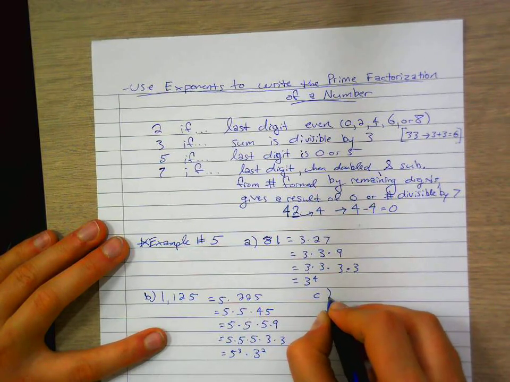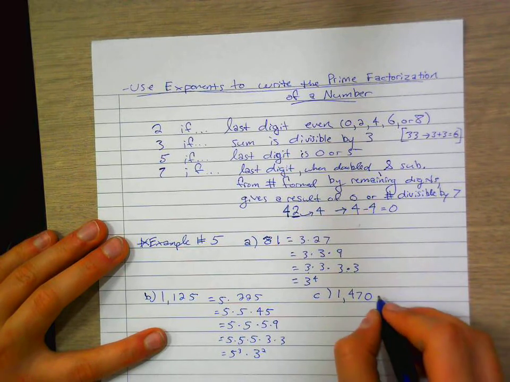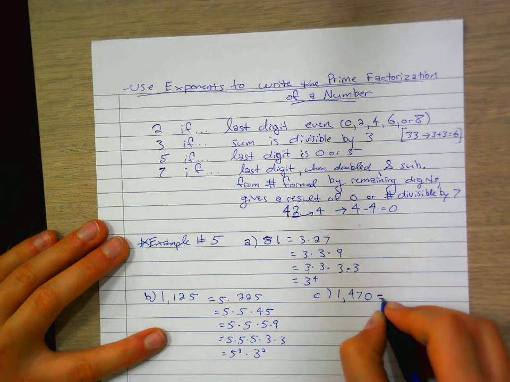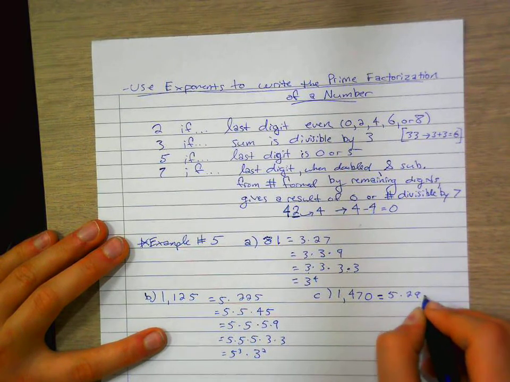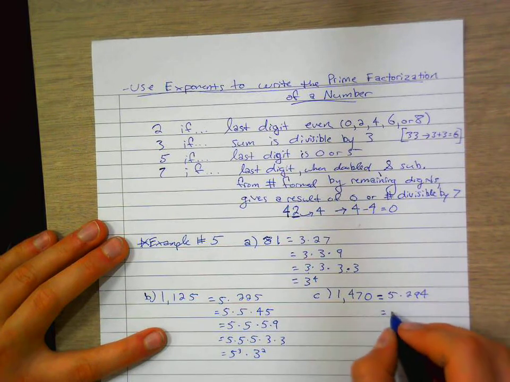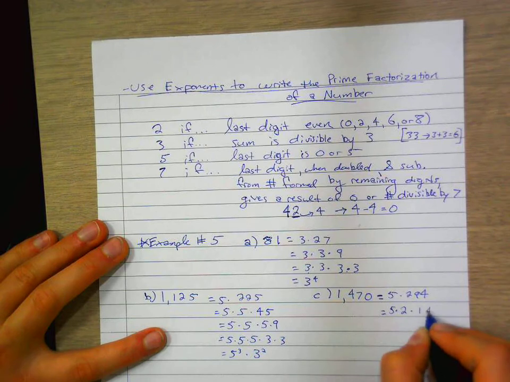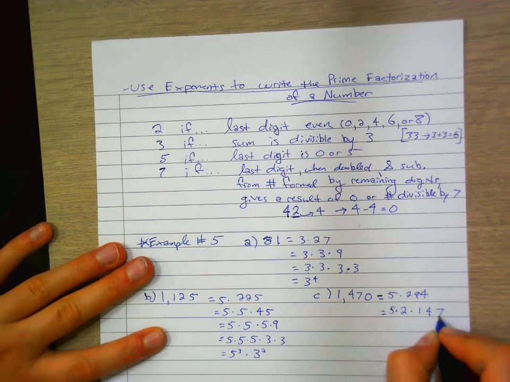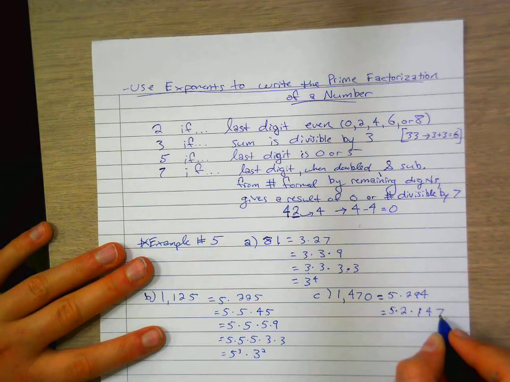Let's try C. 1,470 is divisible by 5 because the last digit is a 0, equals 5 times 294. 294, the last digit is even, we'll divide it by 2. 147 is divisible by 3 because 1 plus 4 plus 7 is 12.